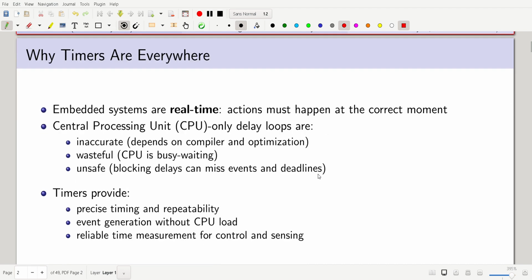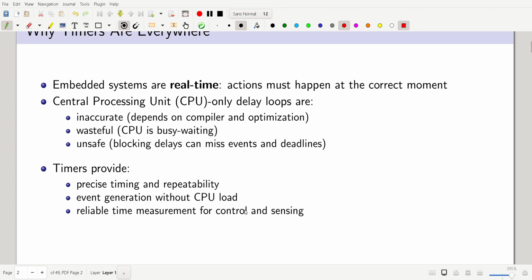Embedded systems are real time, as we already saw. For the timer, you can see in the second bullet points: precise timing and repeatability is important, event generation without CPU load, and reliable time measurement for control and sensing.